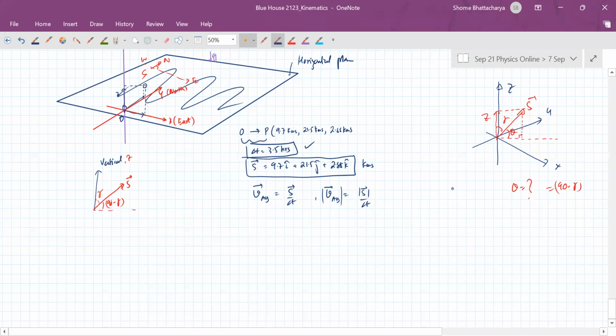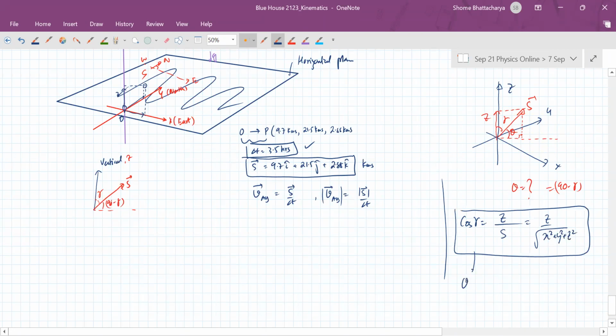For gamma, you know the formula that cos gamma is the vertical component of displacement divided by S. It is z upon root of x square plus y square plus z square.